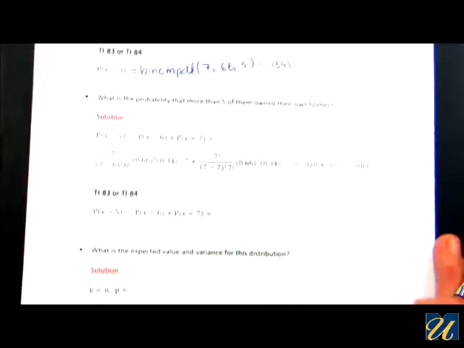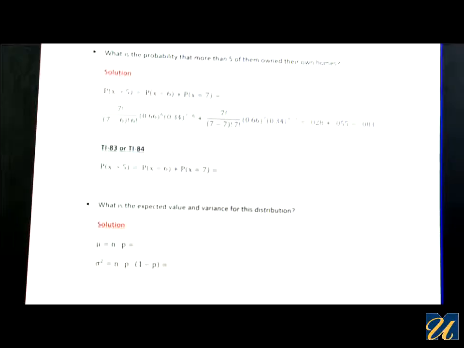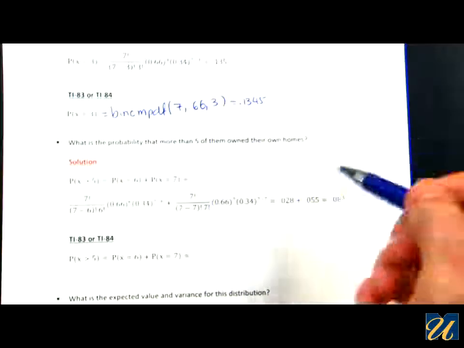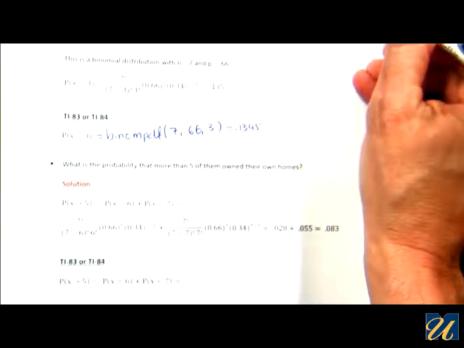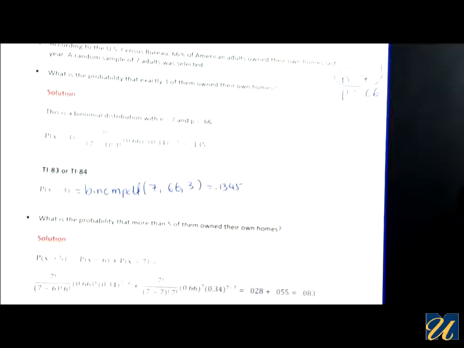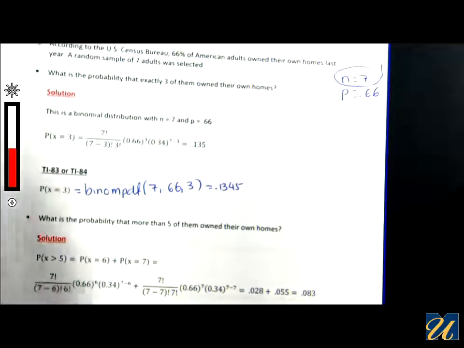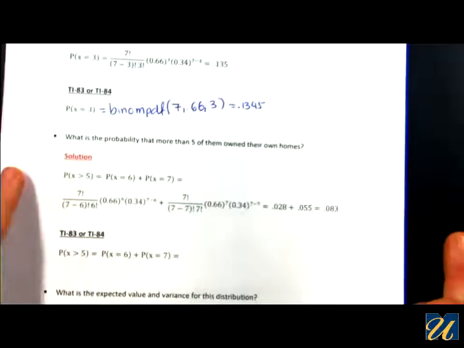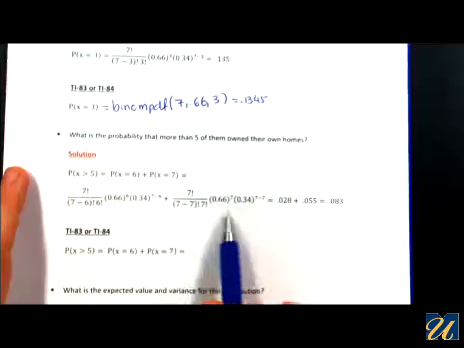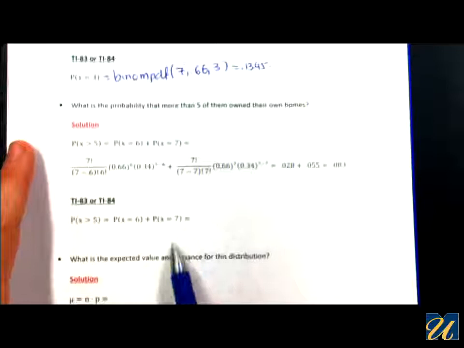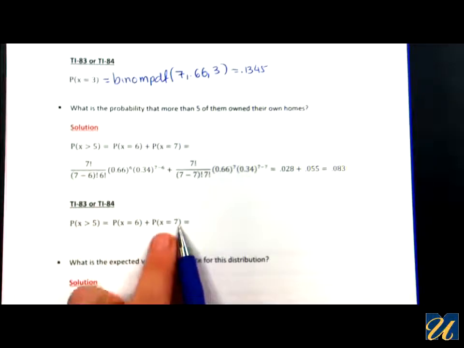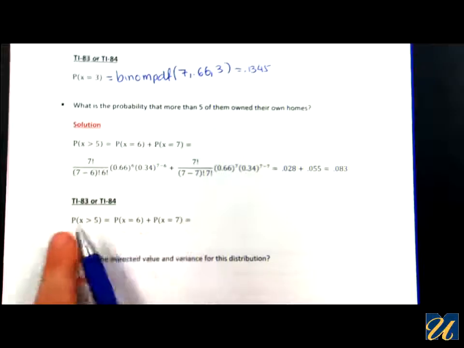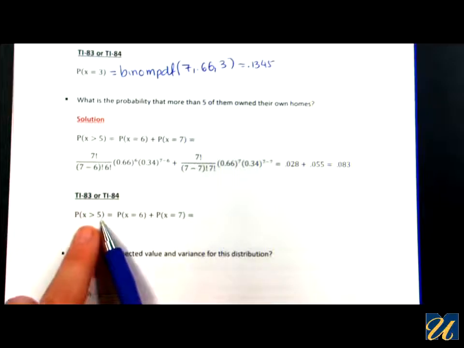What is the probability that more than 5 of them own their own home? More than 5, keep in mind, your n is equal to 7, which means that it's going to be either 6 or 7. So this is the solution with your formulas. Keep in mind, you only go up from your sample size greater than 5. You do not include 5.